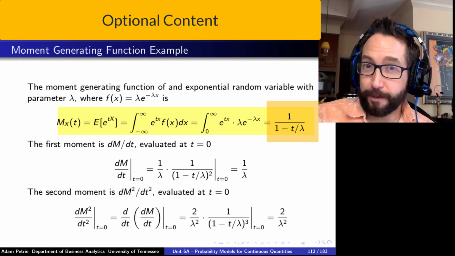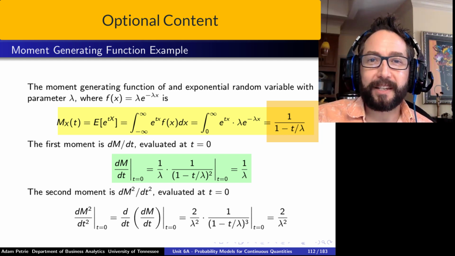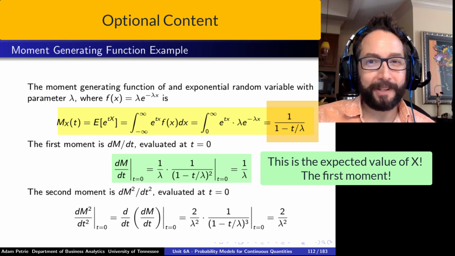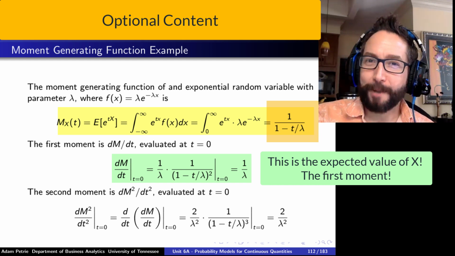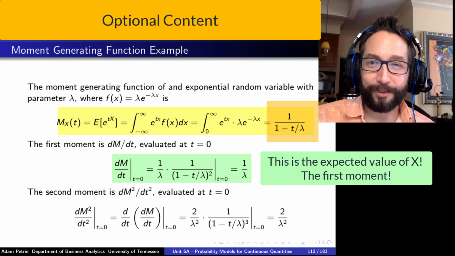If you take the first derivative of that moment generating function and then plug in the value of t equal to 0, that gives you the first moment. If you take the second derivative of the moment generating function, evaluate that at t equal to 0, you get the second moment. The third derivative, plug in t equal to 0, the third moment, etc.